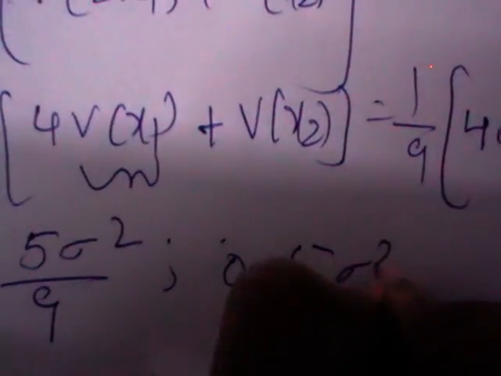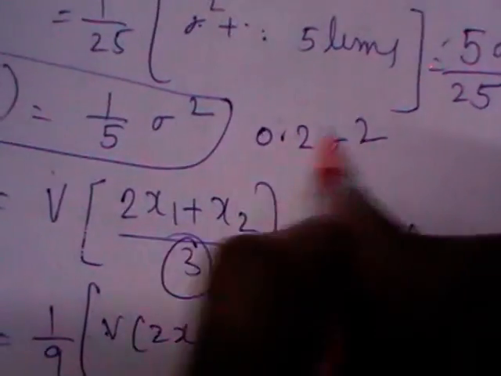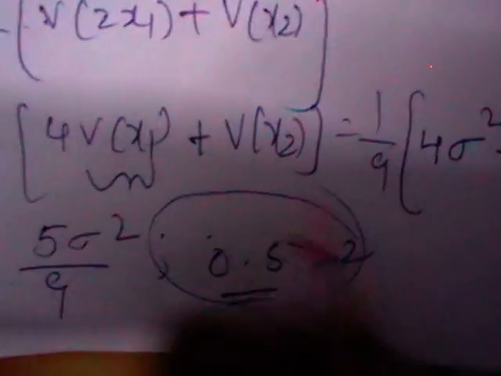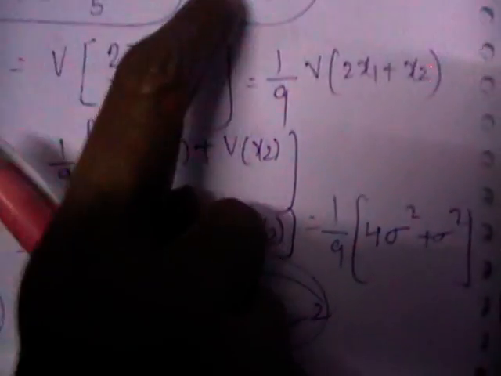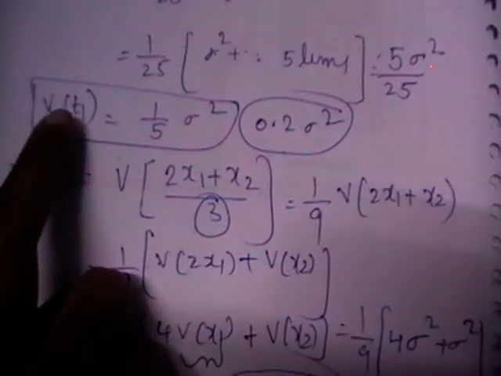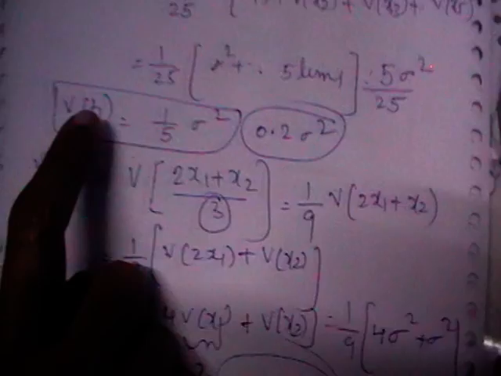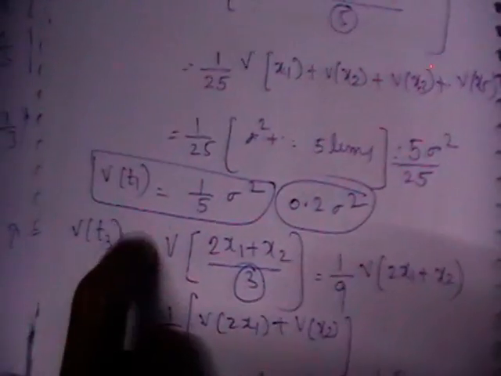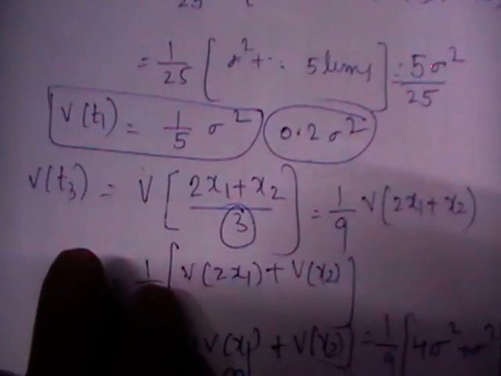Okay, sigma square. The variance of T1 you got as 0.2 sigma square. The variance of T3 as 0.5 sigma square. Which variance is minimum? 0.2. So as the variance of T1 is minimum, we can say that T1 is the efficient estimator. Okay, thank you.